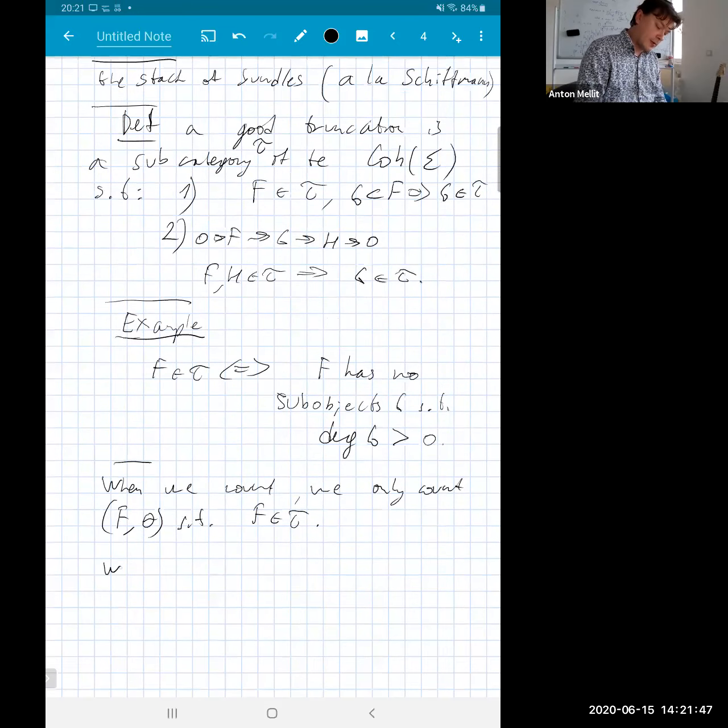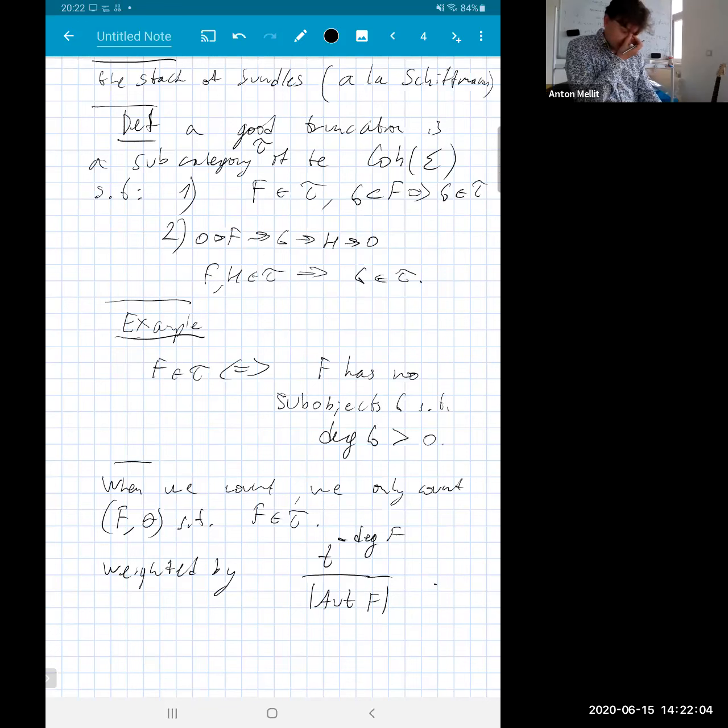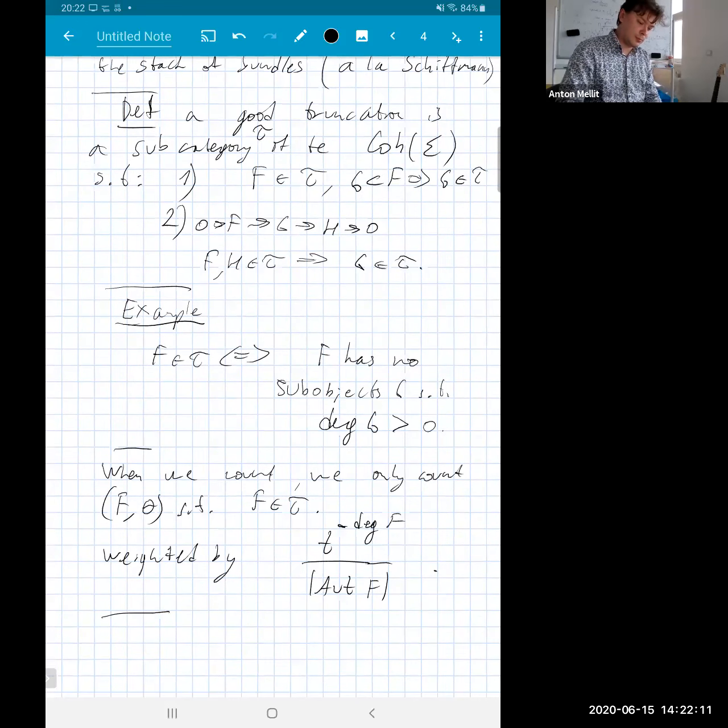We weight by t to the minus degree divided by the automorphisms. Okay, so this is what we will be counting. Right, so if you're used to counting positive things, then you just use duality to get them to negative.